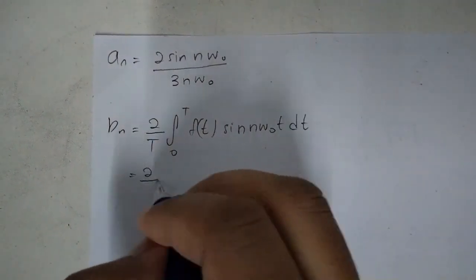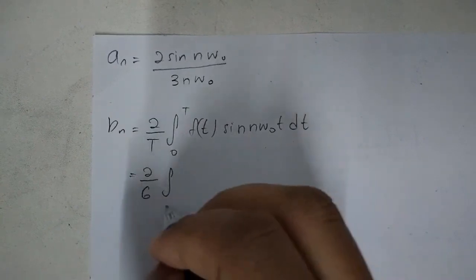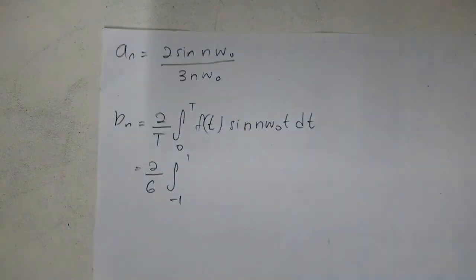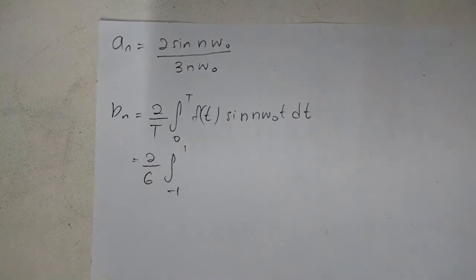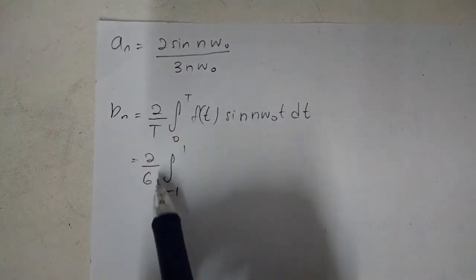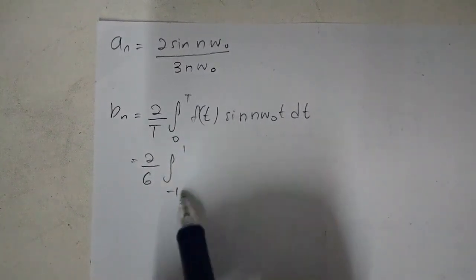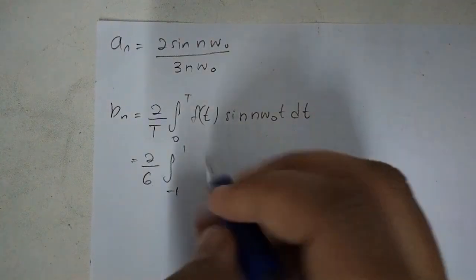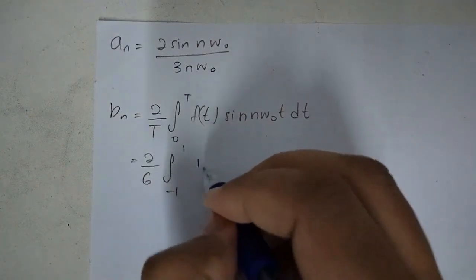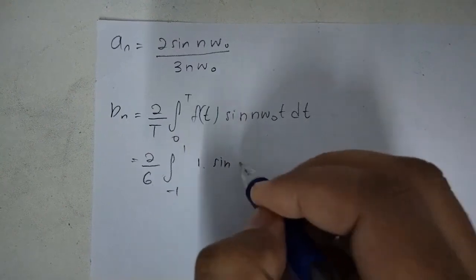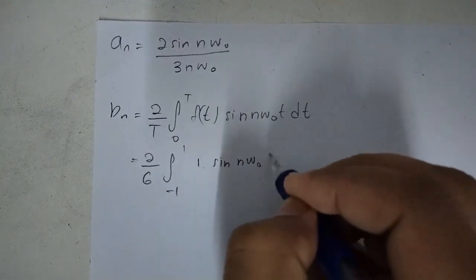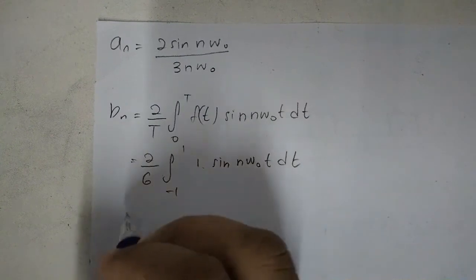Let's continue with including the piecewise function. T is 6, and f(t) is 1 from negative 1 to 1, so sin(n omega naught t) dt.